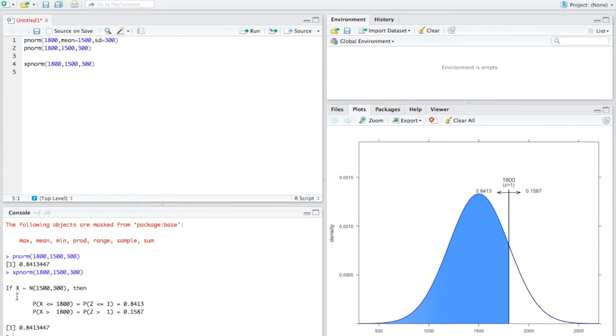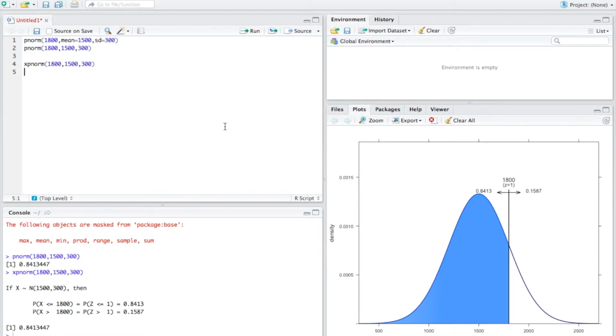It's going to tell me if my variable is distributed normally with mean 1500 and standard deviation 300, then the probability of a value occurring below this point, to the left of that 1800 cutoff, is 0.8413, and the probability of a value occurring above that point is 15.87%. And again, this is the same as the answer the pnorm command gave me, but the xpnorm command gave me a little bit more output as well as this nifty graph over here.